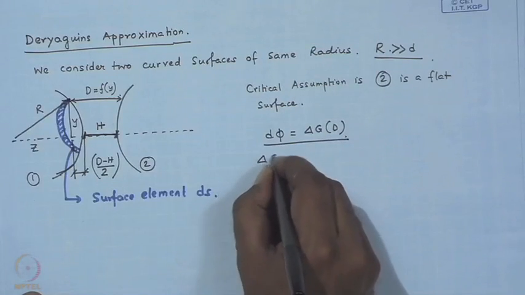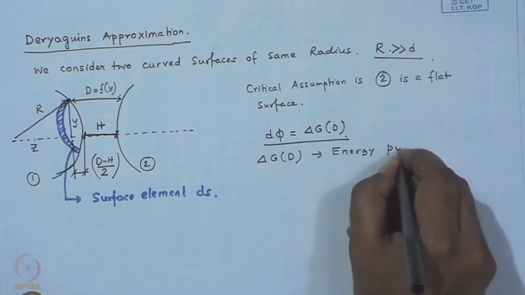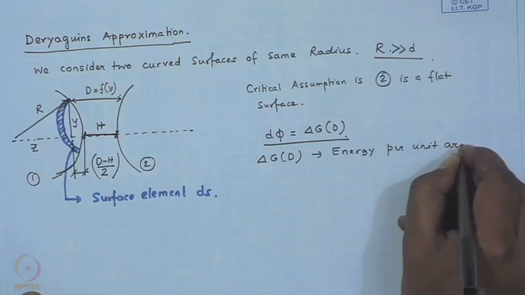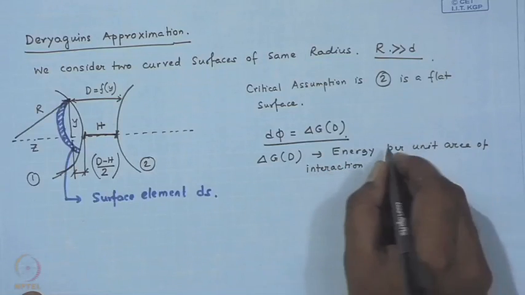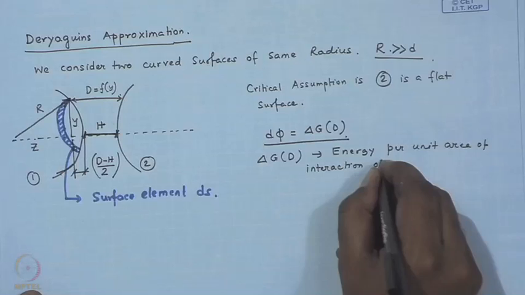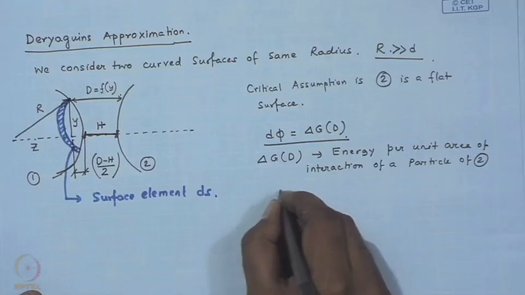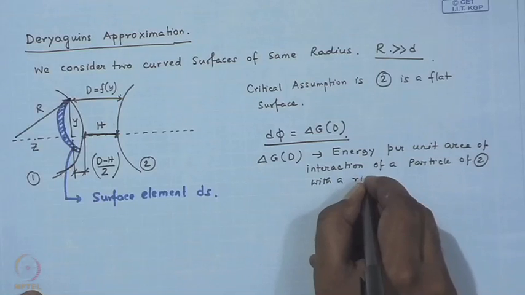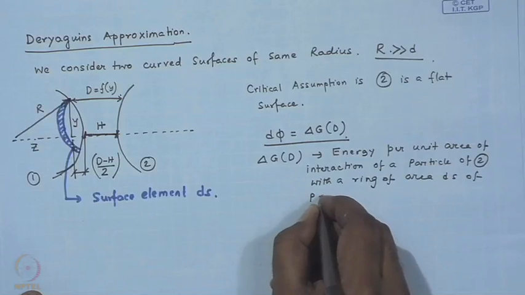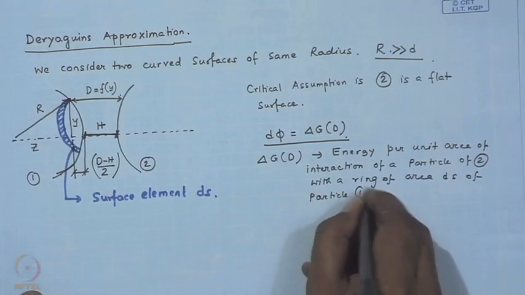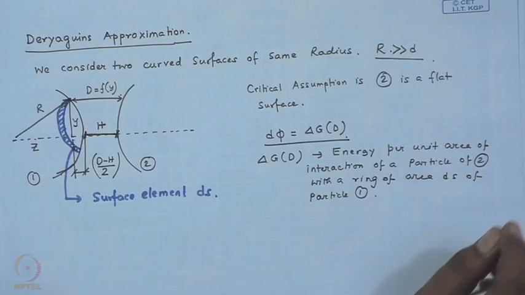Now, delta g d is the energy per unit area of interaction of a particle of 2 with a ring of area ds of particle 1, of particle of 2 with a particle of 1 which lies within the area ds.